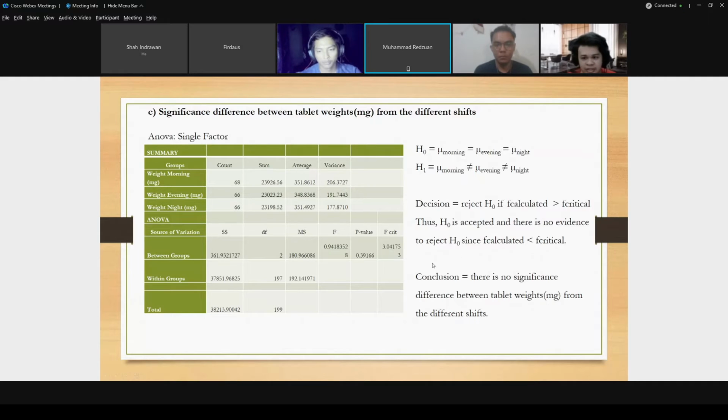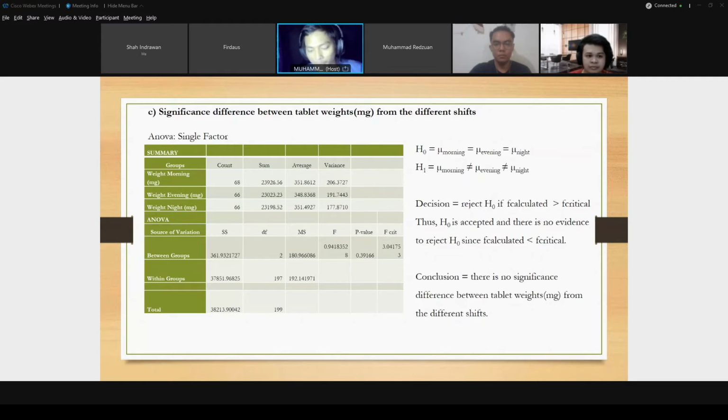For the conclusion, there is no significant difference between tablet weight from the different shifts. That's all. Thank you. Thank you, Mr. Rezwan, for the explanation about significant difference between tablet weights from the different shifts in December 2020.